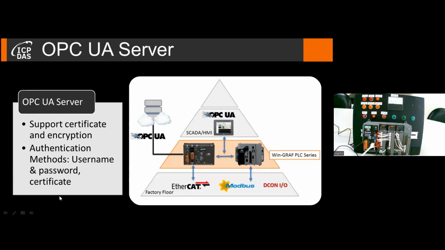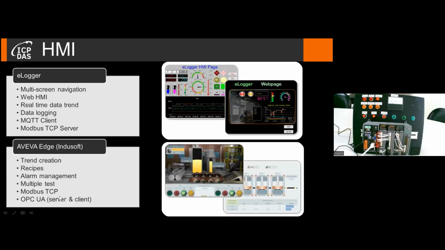Most Win-GRAF controllers come with a built-in OPC server that can transmit PLC data to a remote OPC client, such as an HMI or cloud data centers. The Win-GRAF platform comes with human-machine interface support for designing graphic control panels. Currently, two HMI versions are available.